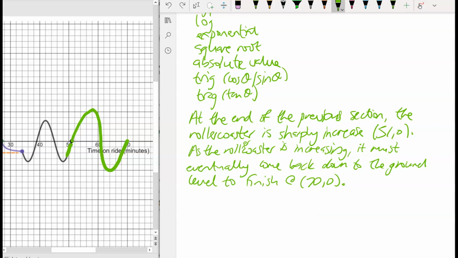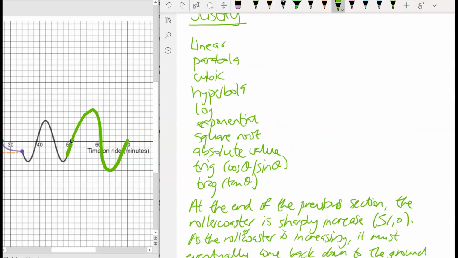So based on that, I was looking through my list. I was like, well, linear, they can't go down. Parabolas can, cubics can, hyperbolas can't, logs can't, exponentials can't, square roots can't, absolute values can, cosine and sine can, and tan, they can't really return back to the ground. For that reason, all of those crosses, it's just not possible.